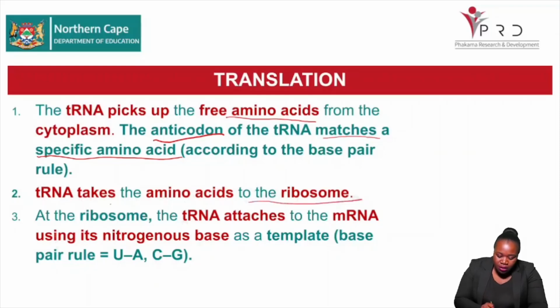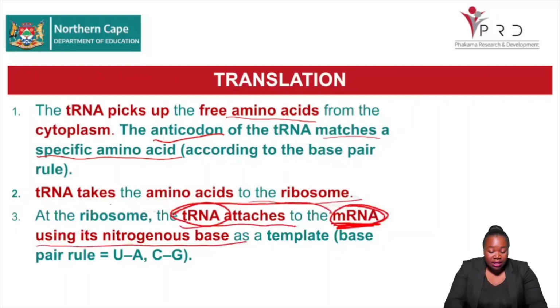At the ribosome, the tRNA attaches to a specific mRNA, using the nitrogenous base template rule, whereby the A will be paired with the U and the C will be paired with the G, right? So the codon on mRNA will pair with the anticodon on tRNA.